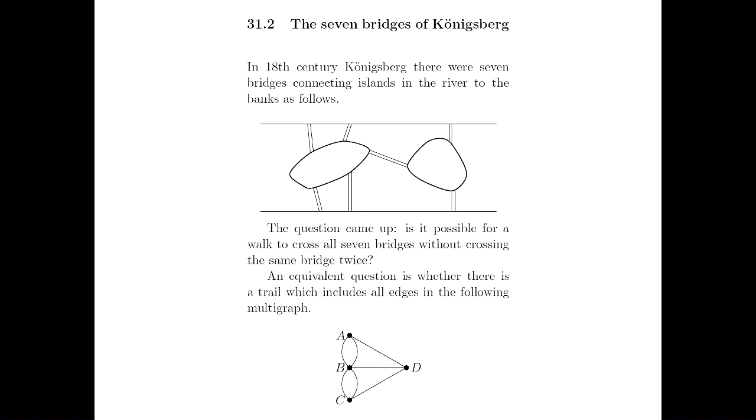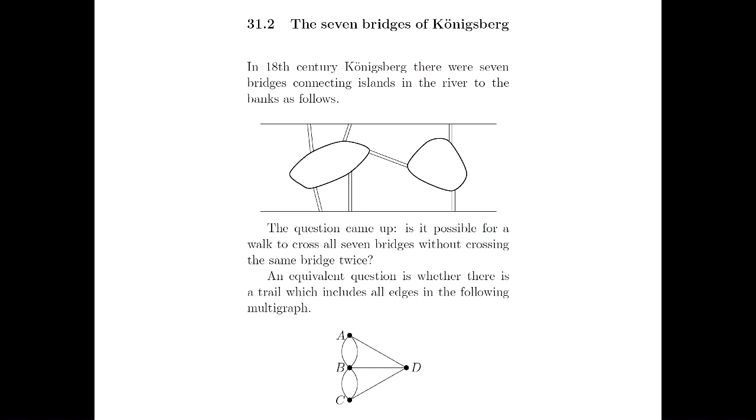So, the mostly true origin story of graph theory as a discipline comes from Königsberg, the German city, in the 18th century.